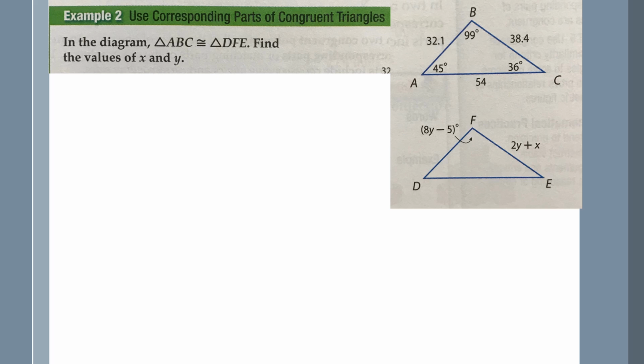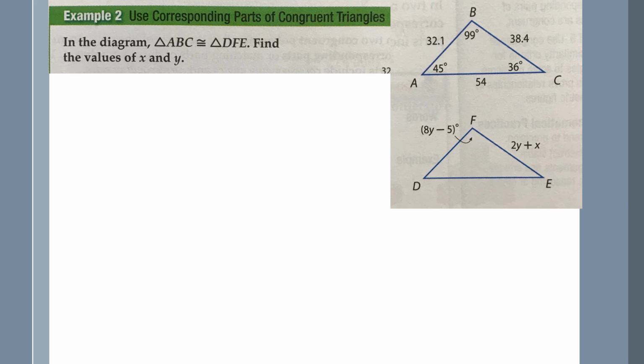Okay, so in the diagram, triangle ABC is congruent to triangle DFE. Find the values of X and Y. Well, in this first part here, we've got to do a little thinking before we begin our quest to solve this. I can solve for Y by making angle F, right?